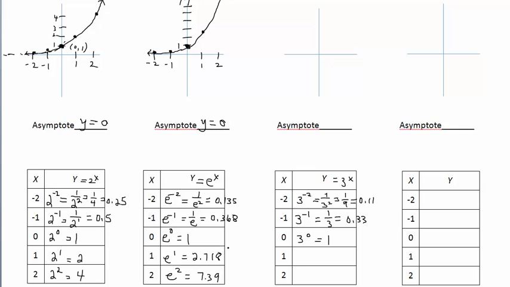Notice that all the graphs so far share the 0.01. 3 squared is 9. If I tried to use the same scaling along the y-axis, this graph's going to rise more quickly, and I'm going to try and do that. Alright, plotting these two y values at -2 and -1.